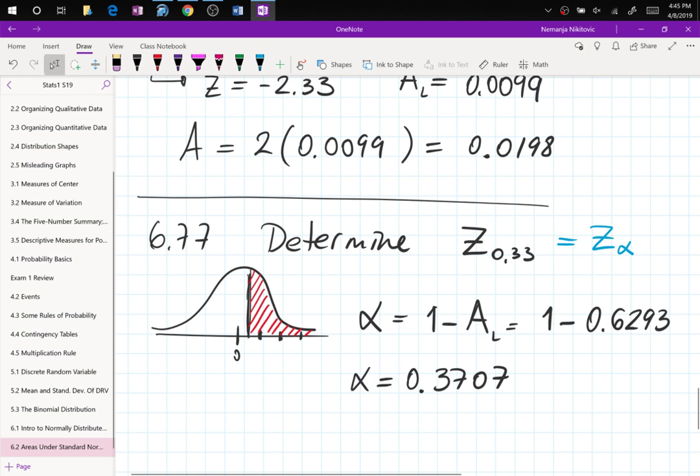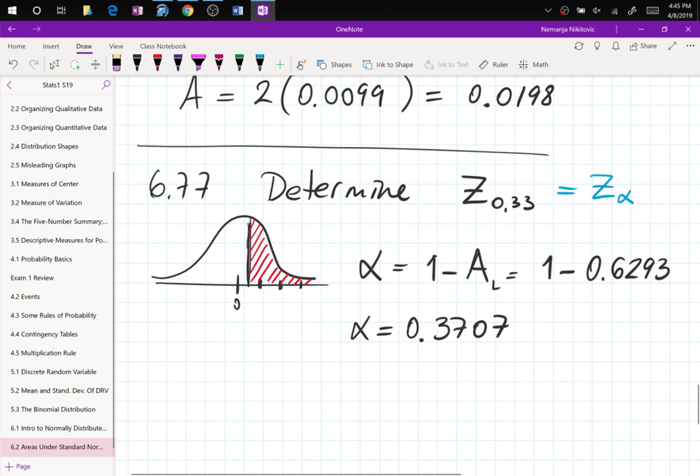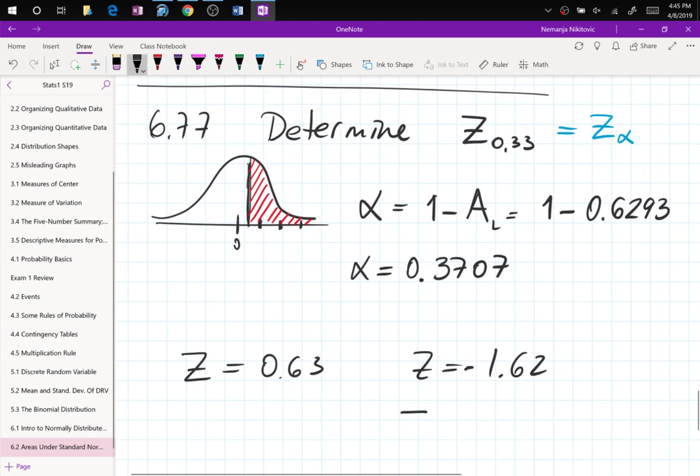Because all other z's that we see are z equals 0.63, z equals negative 1.62, and z of 0.19, right?